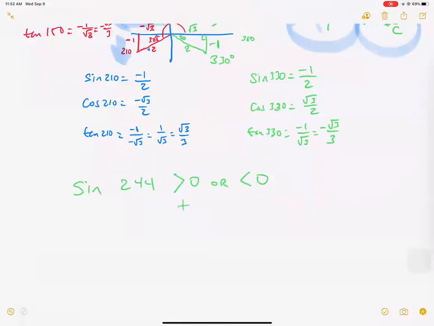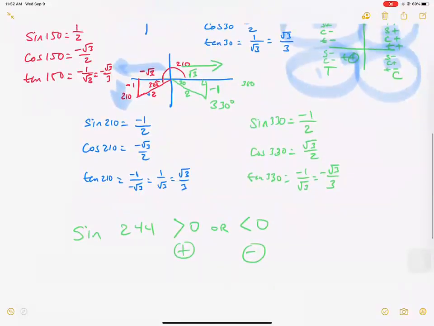Where is 240 degrees? That's in quadrant 3. And all students take calculus. Only tangent is positive in quadrant 3. So sine is going to be automatically negative. So this is going to be negative.